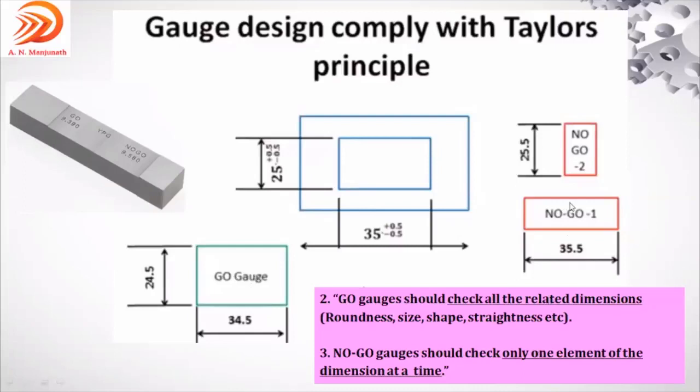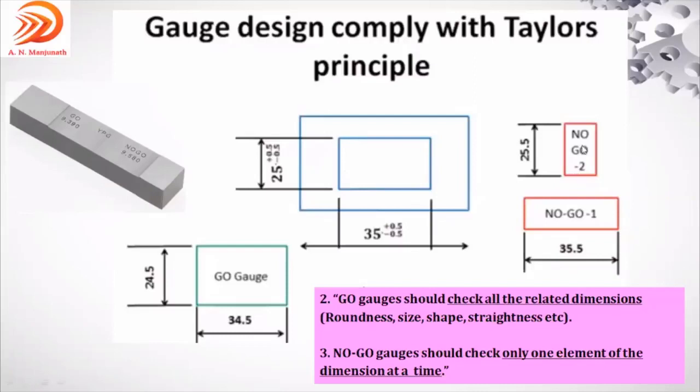For that reason, there are two no-go gauges: no-go gauge 1, no-go gauge 2. By using the first no-go gauge 1, they will try to insert it. As the name represents, it is no-go, it will not enter, or it should not enter, so the dimension of the component is acceptable, because it measures only one element.